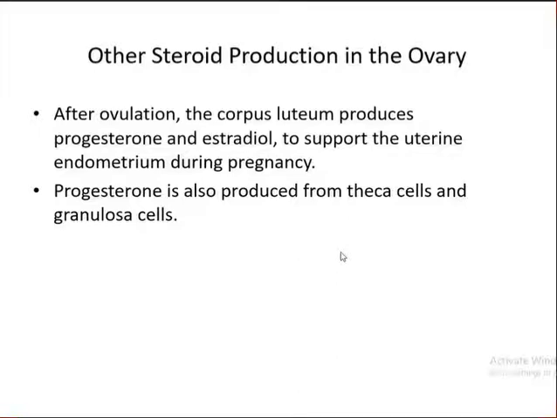Due to the corpus luteum, theca cells, and granulosa cells, all these three types of cells produce progesterone, which is required for the continuation of pregnancy. Remember.